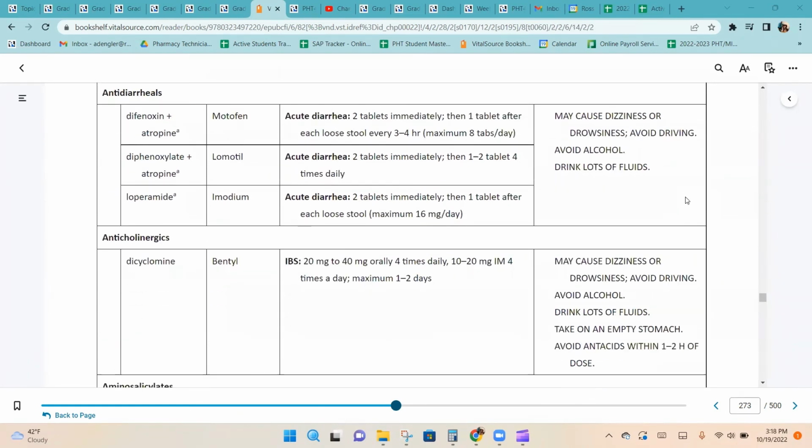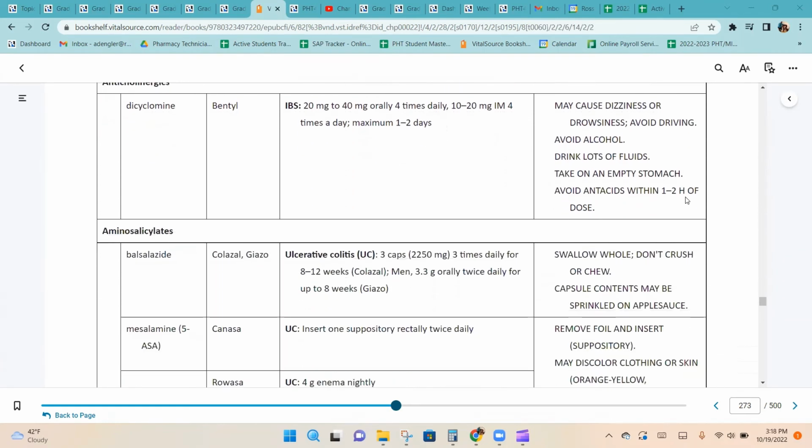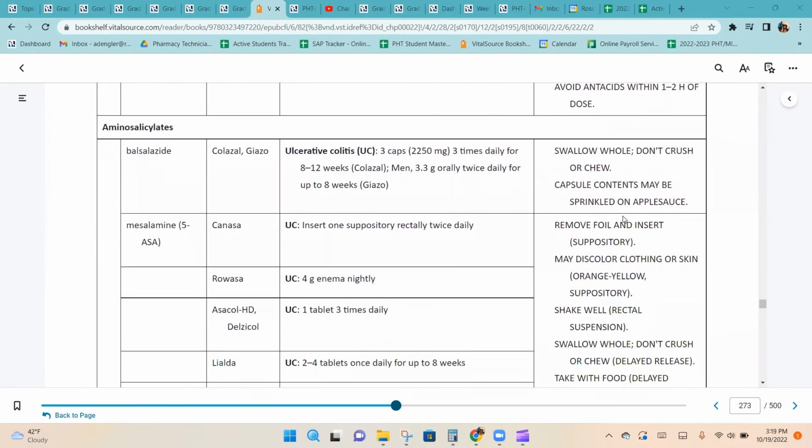For antidiarrheals, they can cause dizziness or drowsiness. You should avoid alcohol and drink lots of fluids. For the anticholinergic Bentyl, it can cause dizziness or drowsiness, so you should avoid driving, avoid alcohol, drink lots of fluids, take on an empty stomach, avoid antacids within 1 to 2 hours of dose.